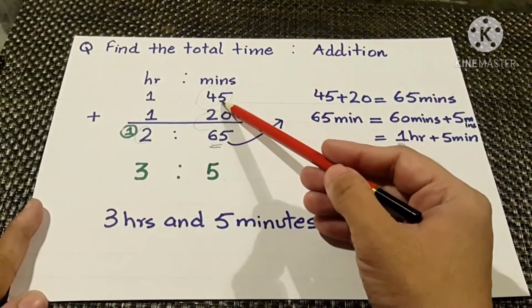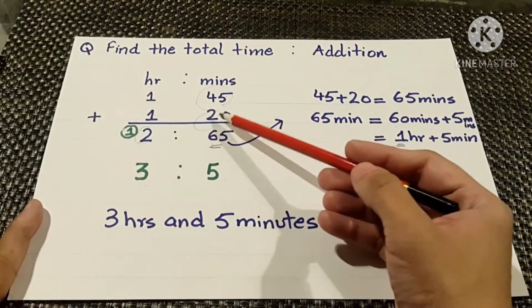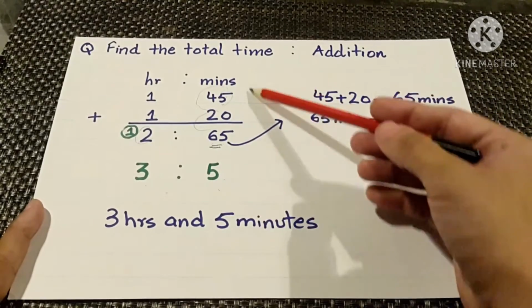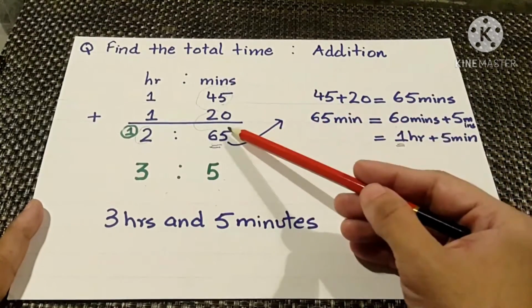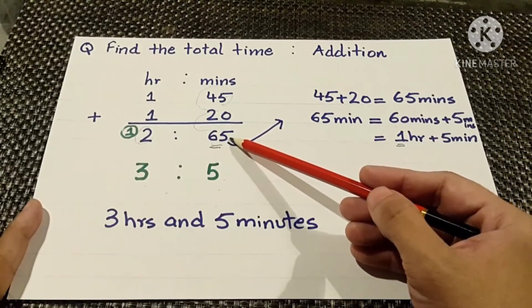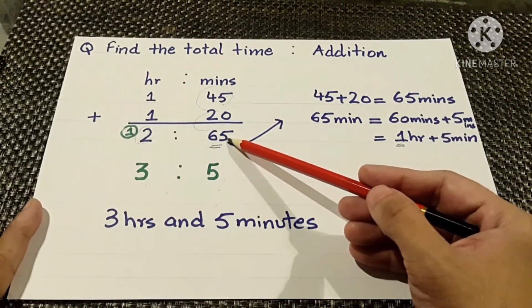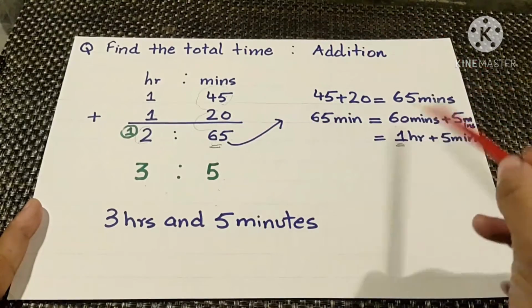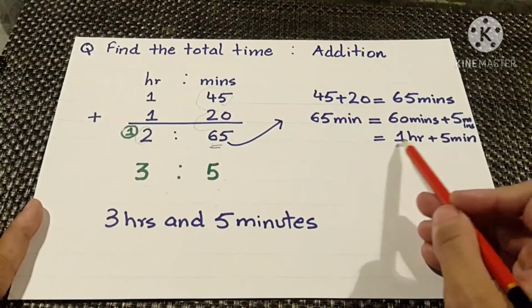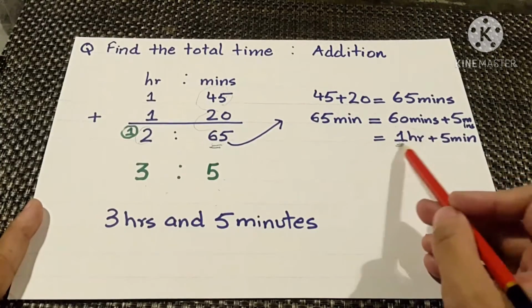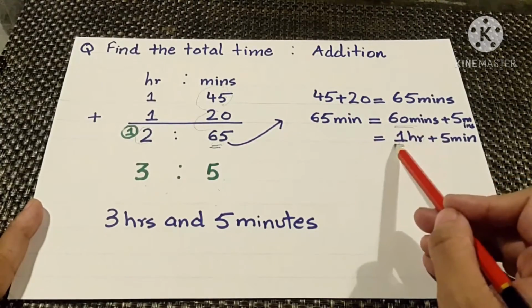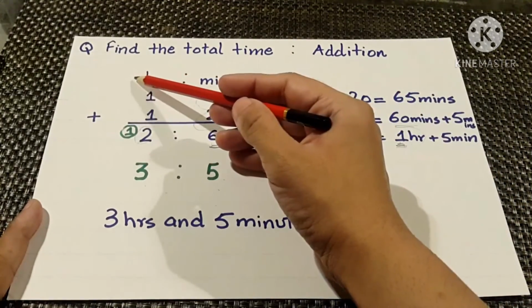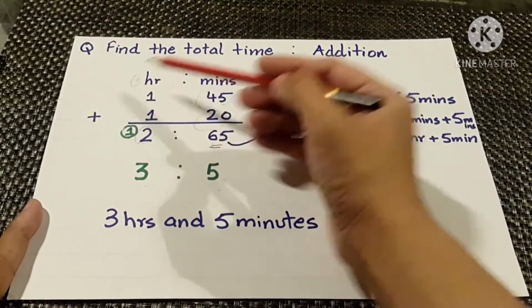So 1 hour 45 minutes plus 1 hour 20 minutes is 3 hours 5 minutes. Hope you have understood this, that in the minutes section we can't get a greater value than 59 minutes, because 60 minutes is 1 hour. When we get the value 60 minutes, which is equal to 1 hour, we have to give it to the hours.